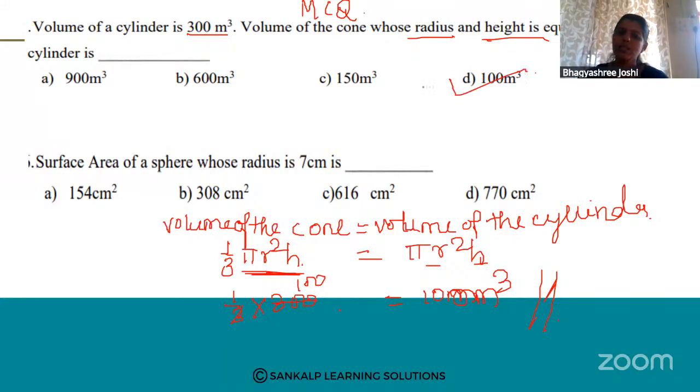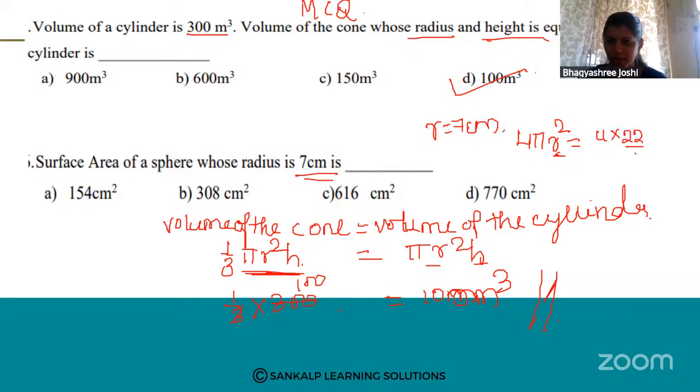Next one. Surface area of a sphere whose radius is 7 centimeter. So the surface area of the sphere they have asked. The surface area of the sphere is 4 pi r square, right? And the radius they have given, that is r is 7 centimeter. 4 into pi value is 22 divided by 7, and r value is 7 into 7 because it is r square. 7 and 7 will get cancelled.